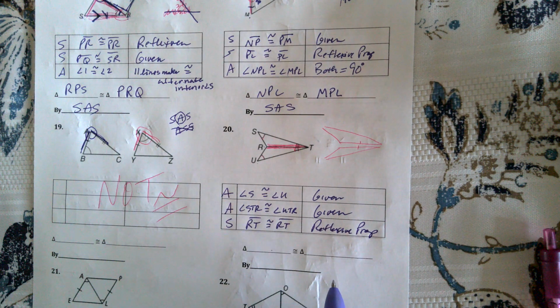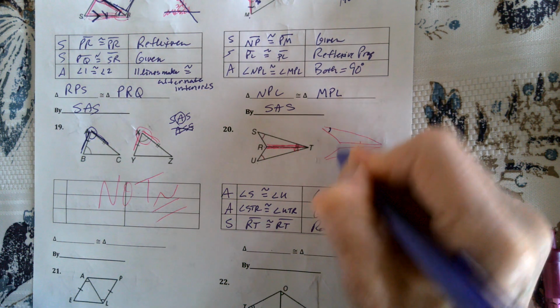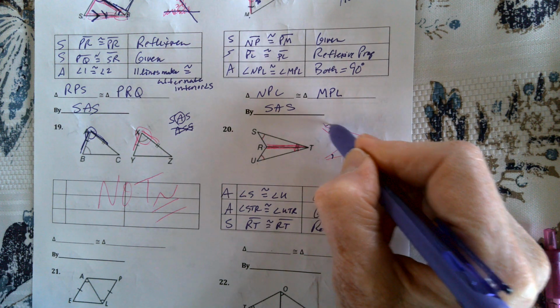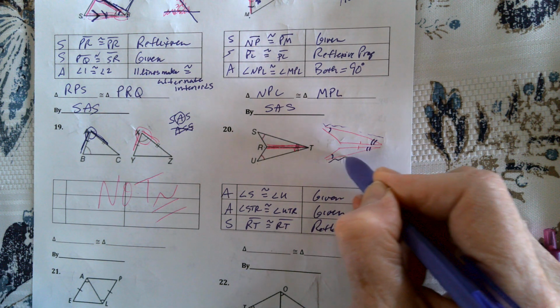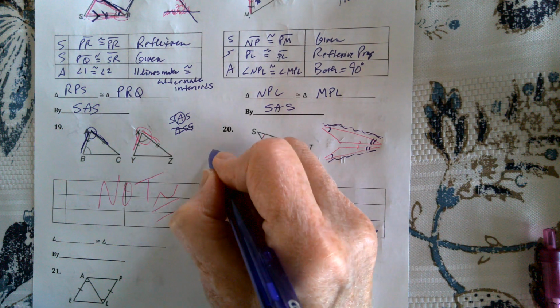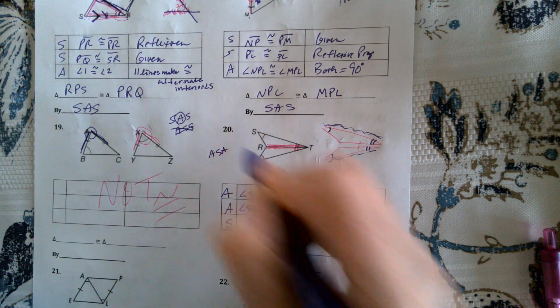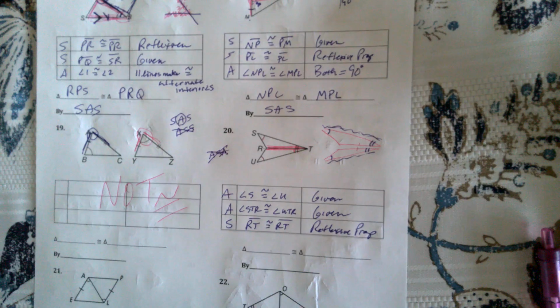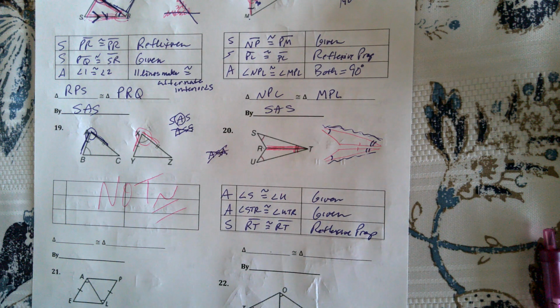Remember, you check, is it an included side or no? If it were the included side, it'd have to be the side adjacent to both angles, the side that both angles sit on, and it is not angle, side, angle. It is not the side between both angles.